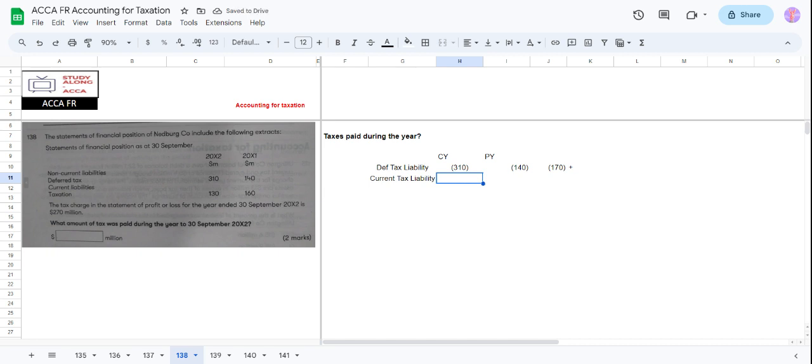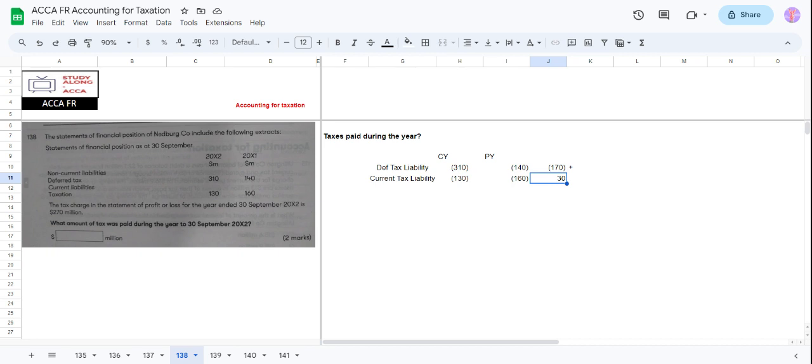So it is also a liability. Now we have 130 million of liability. Earlier we had 160 million of liability. That means it has decreased by 30 million.